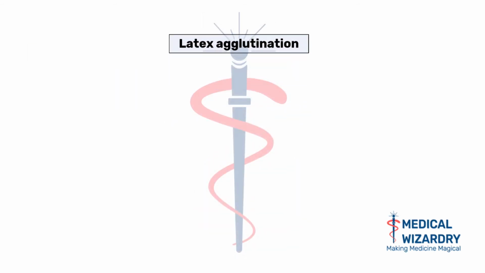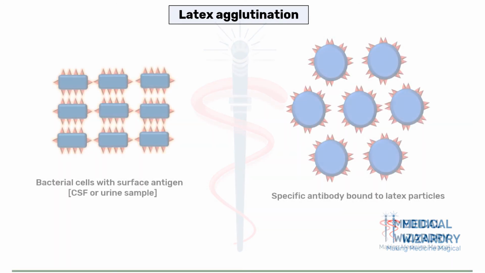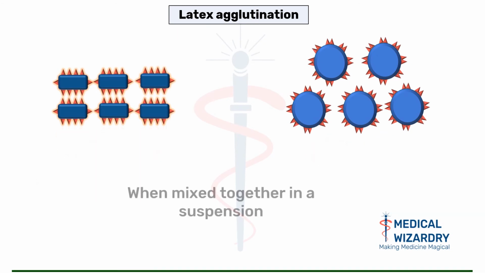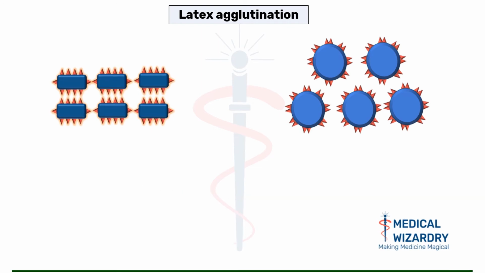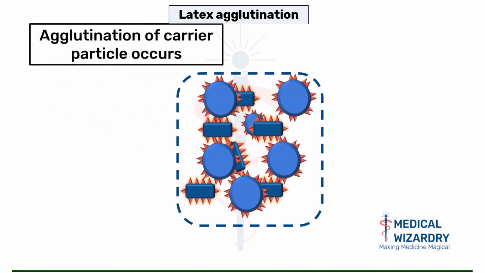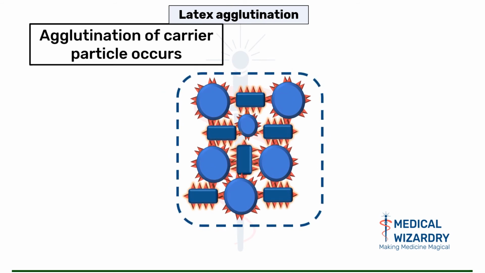Latex agglutination gives us solid evidence of H. influenzae infection. The latex agglutination test is done by mixing the sample, which can be either CSF or urine, with a suspension containing specific antibody-coated latex particles. When it is done, agglutination of the bacterial cells with the antibody happens, which is visible to the naked eye.